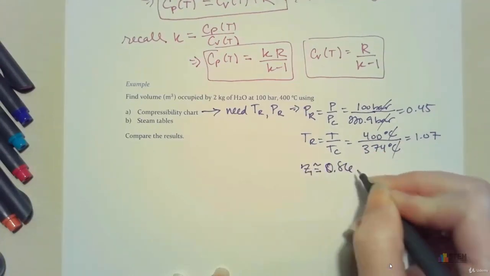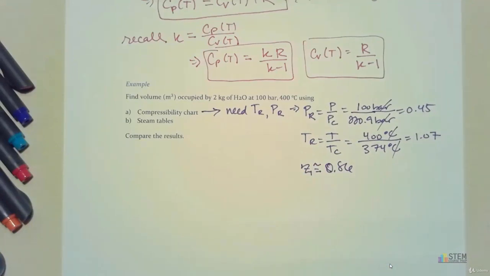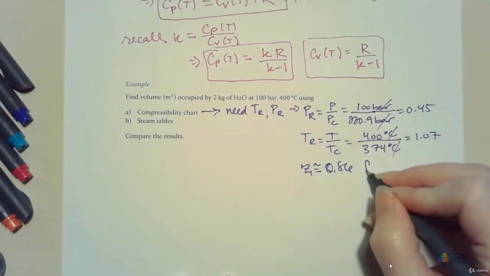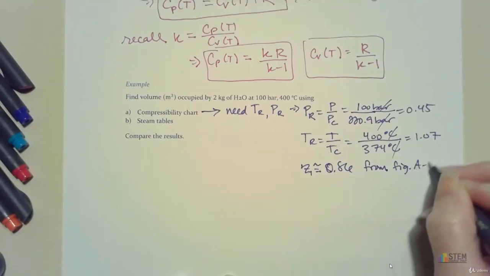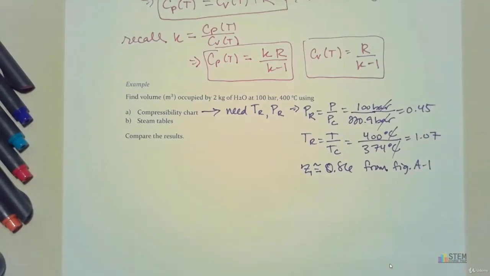On these problems, you're going to have to make your best guess on what you think Z is, because it's obviously not going to be too accurate. And that was from the figure. Now we've got Z. We're looking for volume. So we don't have volume yet, we just have this Z number. We need to figure out what to do with that.